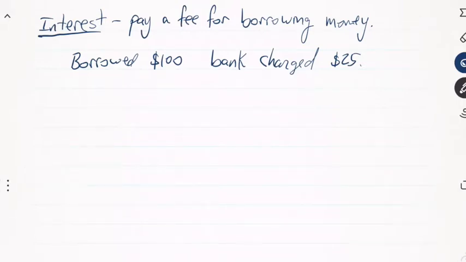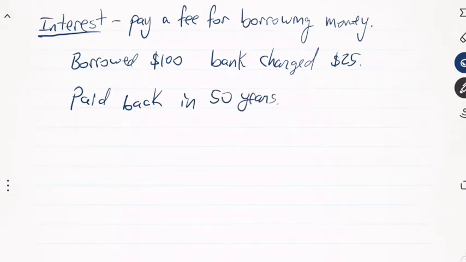What wouldn't make sense is if you paid them back in 50 years. So you borrow $100 from the bank, they're only charging you $25 to borrow it, but then you don't pay them back for 50 years.